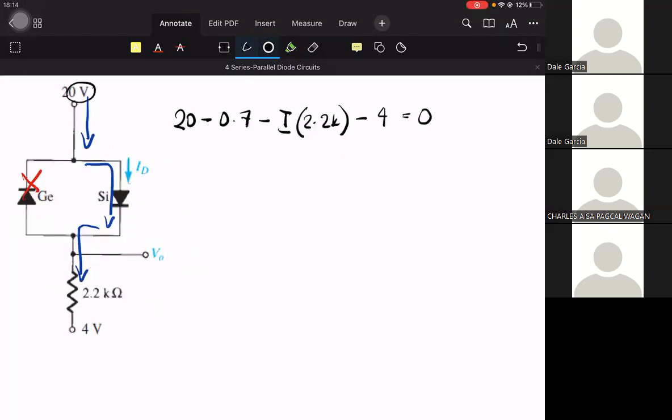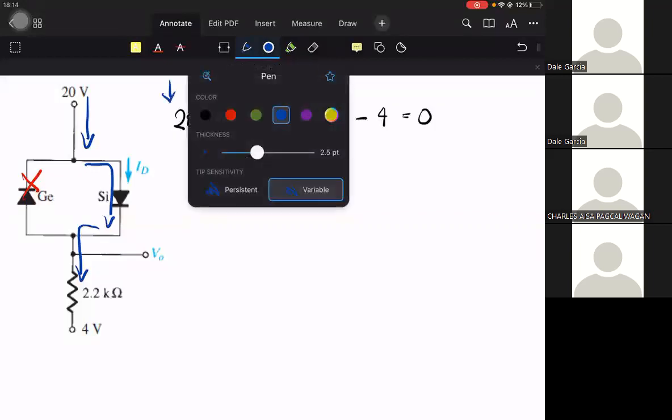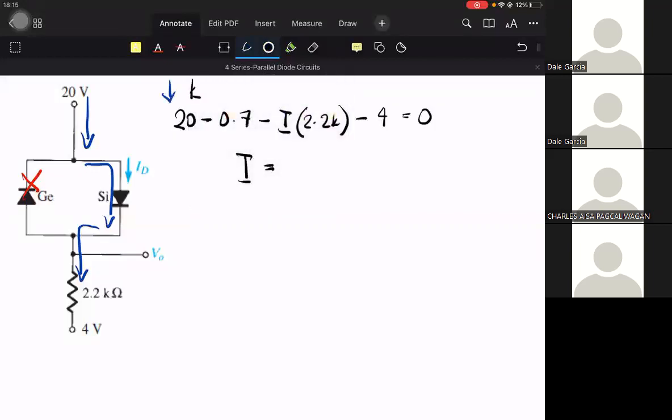So 20 minus 0.7 minus current times resistance minus 4. Let's solve for current I. How much is I? 20 minus 0.7 minus 4 divided by 2.2.